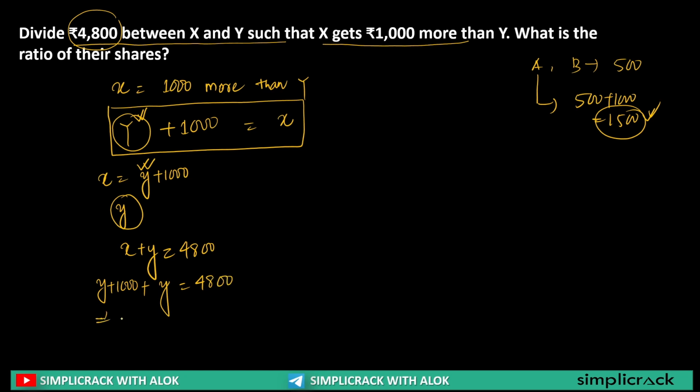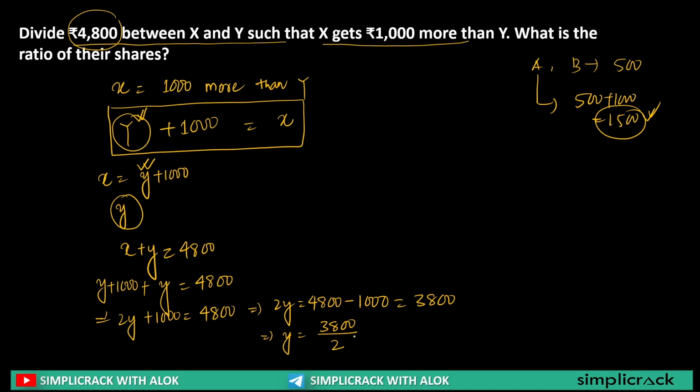So this is equal to 4800. I can write Y plus Y, that is 2Y plus 1000 is equal to 4800, or 2Y is equal to 4800 minus 1000, which is 3800, or simply Y is equal to 3800 divided by 2. 2 ones are 2, 2 nines are 18, it is 1900.